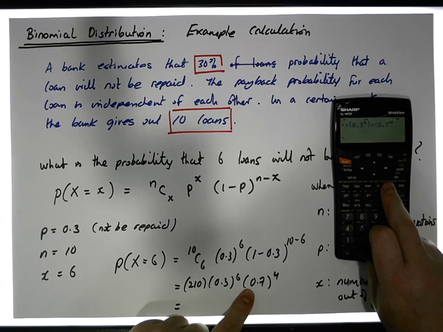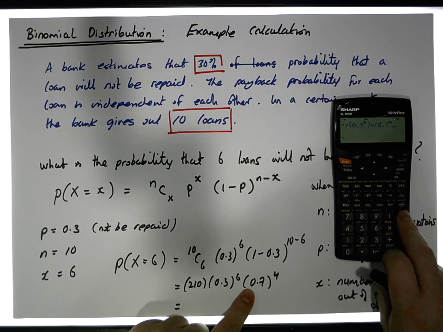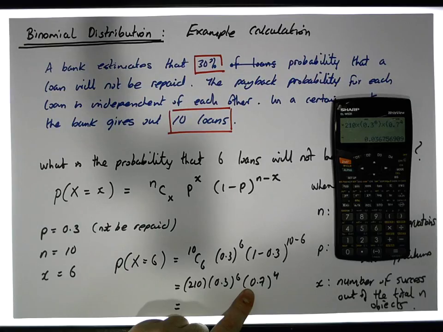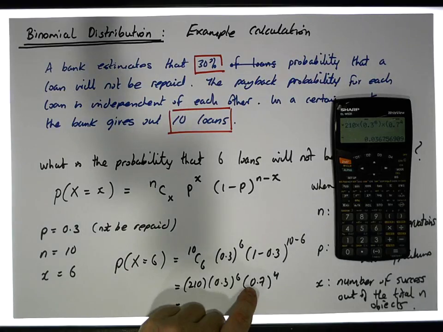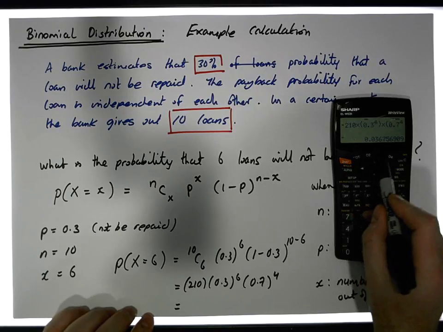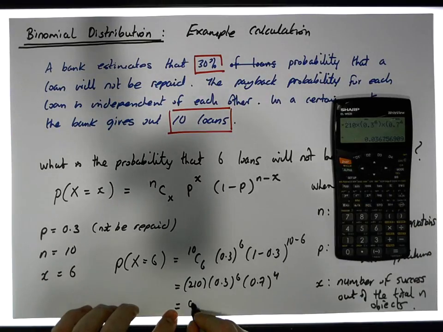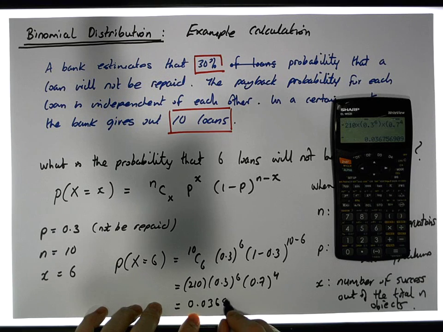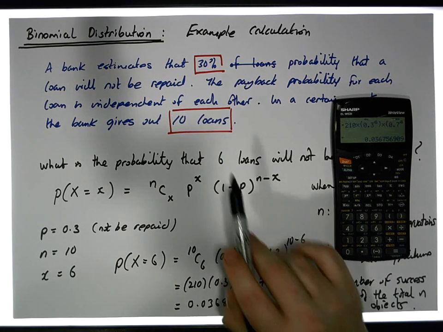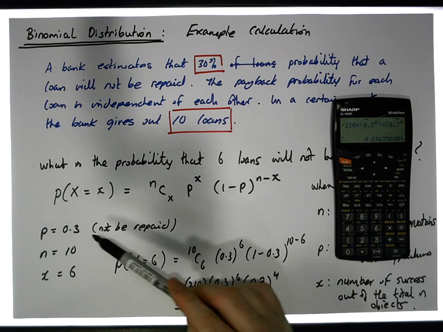Once again I push that across, and when I hit equals I get 0.0367569. Let's say to 4 decimal places this is 0.0368. There's a 3% chance that of the 10 loans that are given, exactly 6 of them will not be repaid.